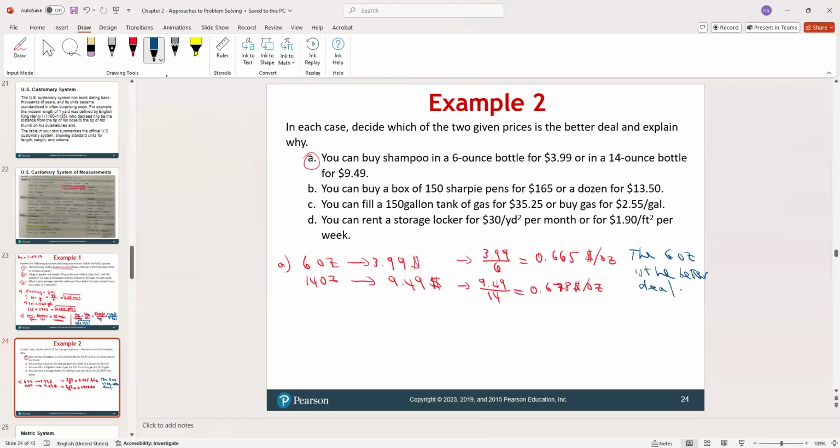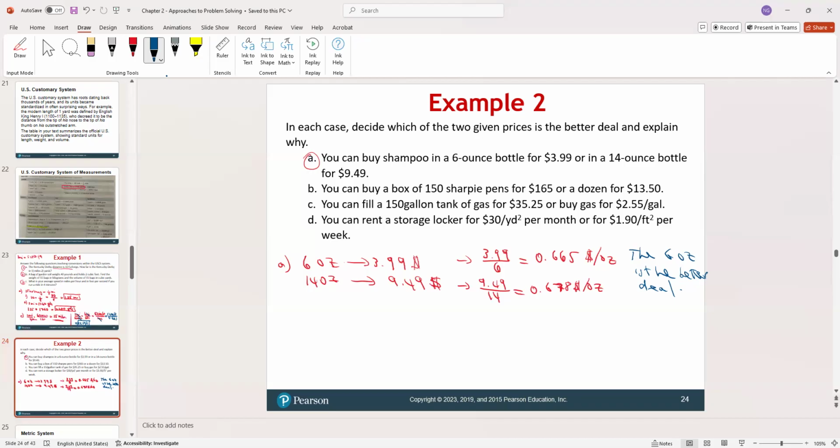Now you can do something like, you can buy a box of 150 Sharpie pens for $165, right? Or a dozen for $13.50. Again, this is the same type of thinking, box of pens.